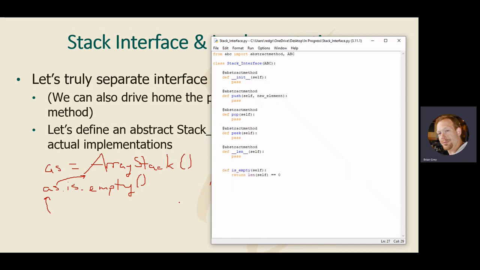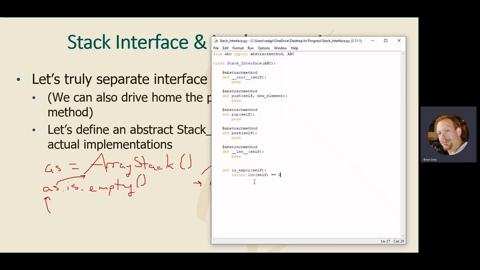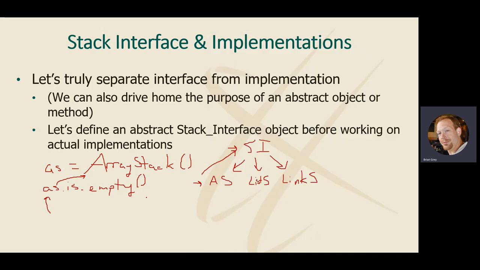Array stack is a stack interface object, and we have a definition here. So that means that our array stack's probably not going to contain it. So it's going to look here, it's not going to find it, it's going to go up the chain, it's going to look here, and it's going to find this definition. And it's going to run that. So it calls that, it defines self. Self is this AS now, and it's going to return len self. Well, I've got to find the len method for self. So it's going to go back through and do the same thing.